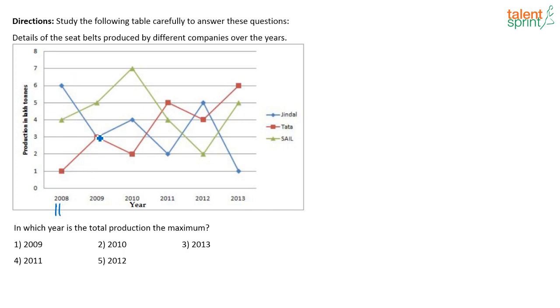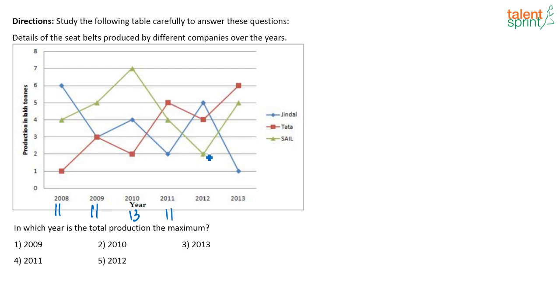In 2009, it is 3 plus 3, 6, 6 plus 5, again 11. And 2010, 2 plus 4, 6, 6 plus 7, 13 lakh tons. In 2011, it is 2 plus 4 plus 5, so again 6 plus 5, which is 11.